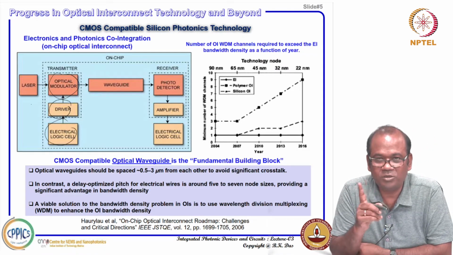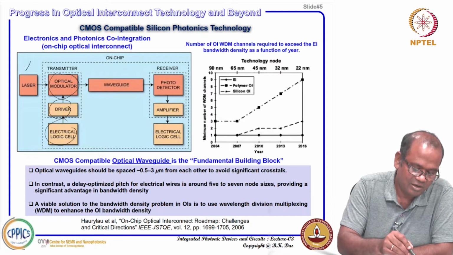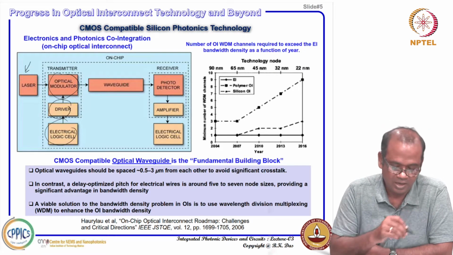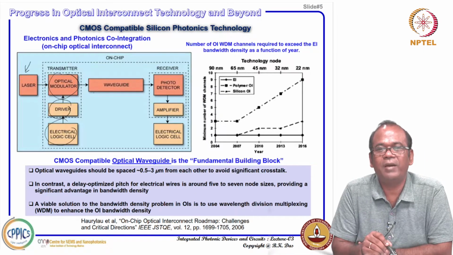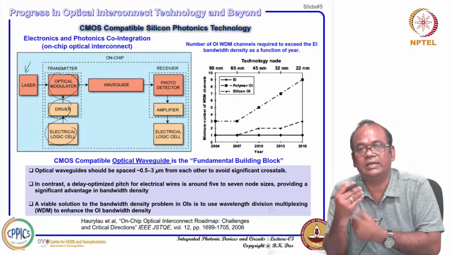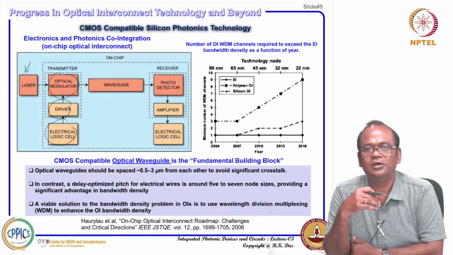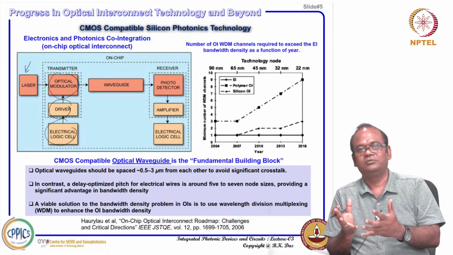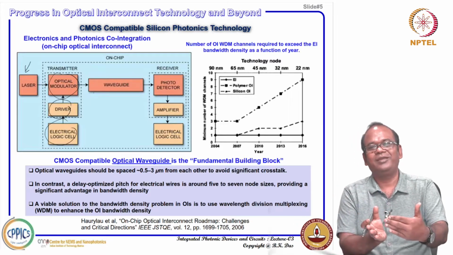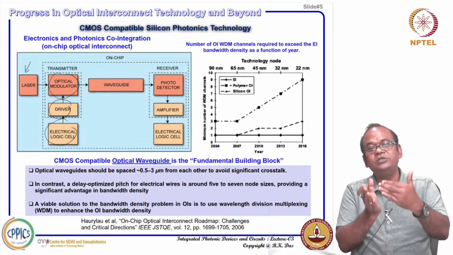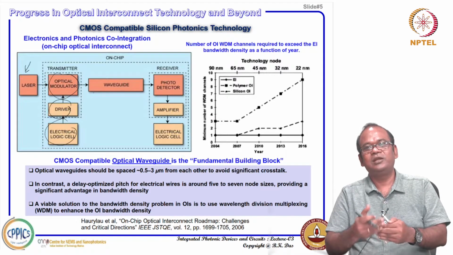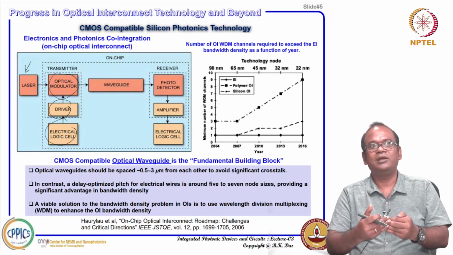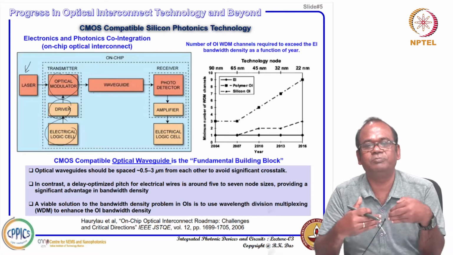Silicon cannot support laser, so the laser can be off chip, and then within the chip you can fabricate an optical waveguide in silicon, a low loss optical waveguide. Instead of fiber, now you are thinking about on chip waveguide. Once you convert the electrical signal into an optical signal, that optical signal you can handle within the chip.